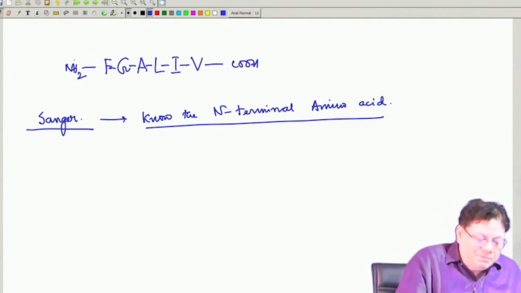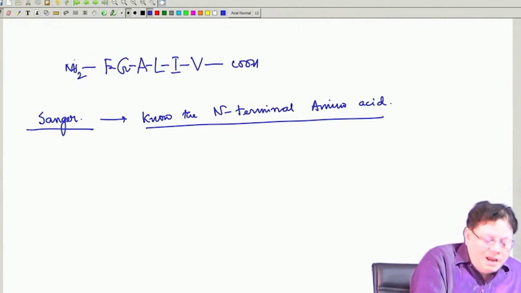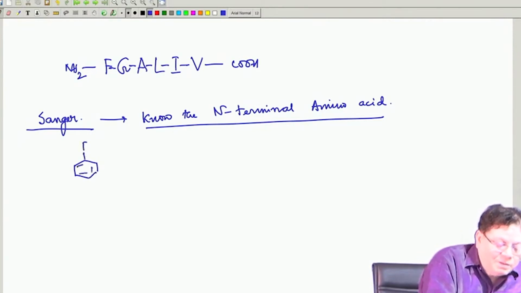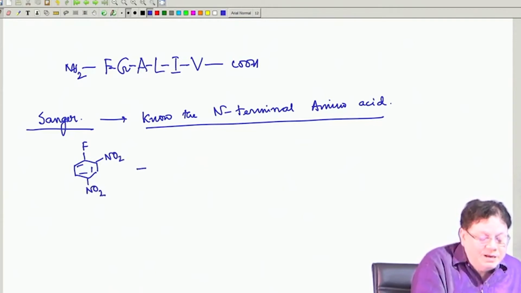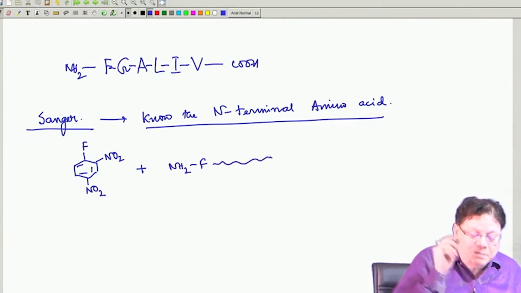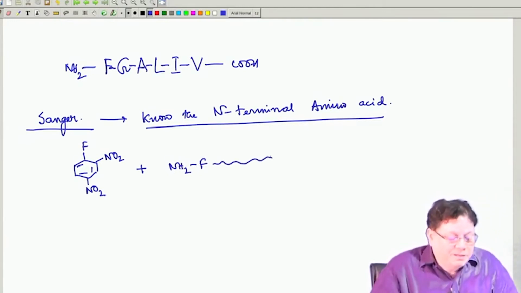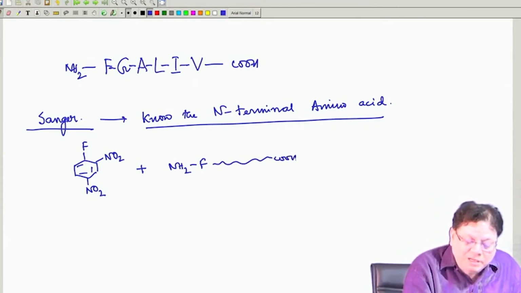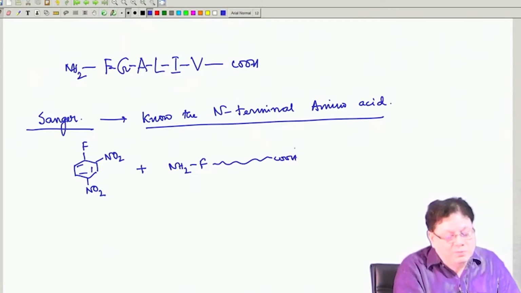What is his method? Sanger's method is basically he used a reagent which is called 2,4-dinitrofluorobenzene, okay. And he reacted that with whatever peptide he had. Okay. He reacted that with the peptide, that is, it ends up with a carboxy and it starts with NH2.